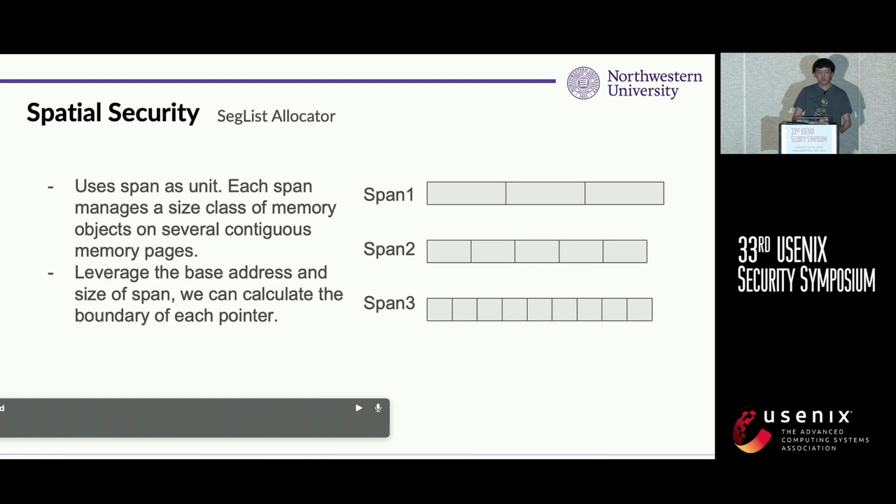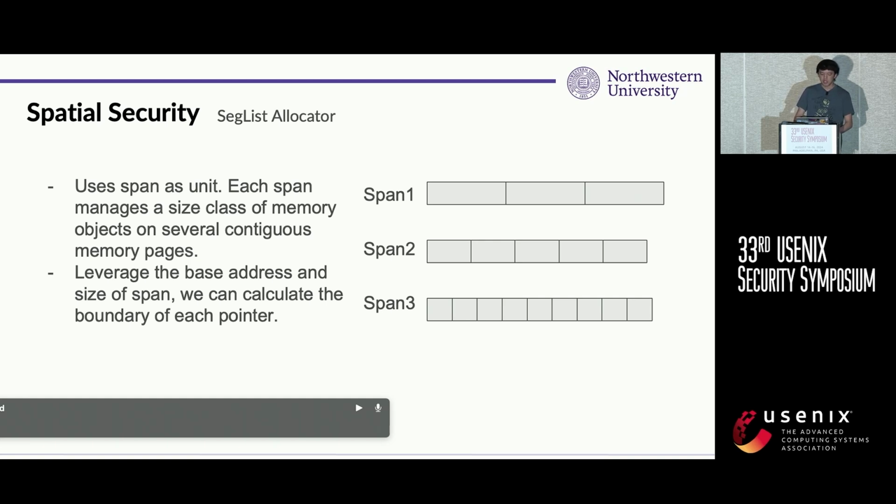Then we introduce how CAMP provides spatial security. The base of the spatial security is provided by the size-class allocator. A size-class allocator uses different free lists for different sizes of memory objects. The allocator, for example tcmalloc, uses spans as the unit of memory management.